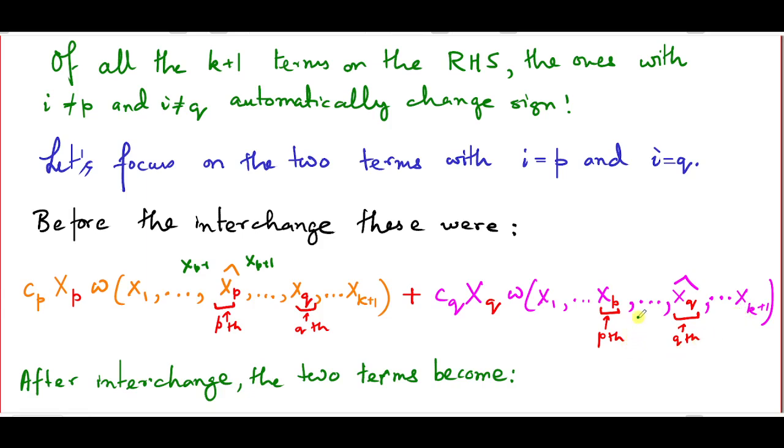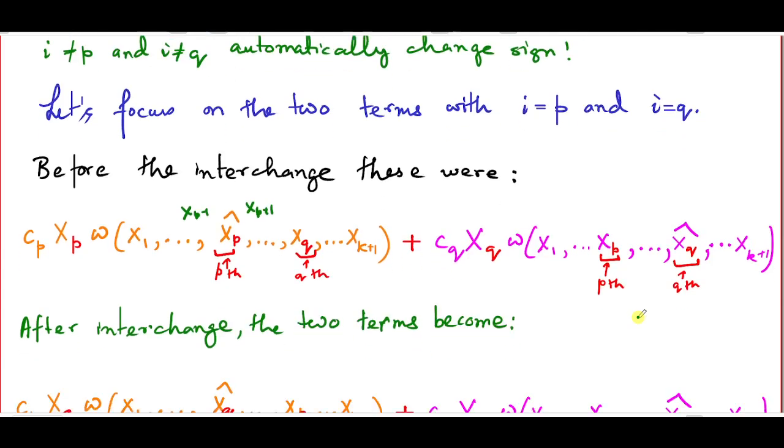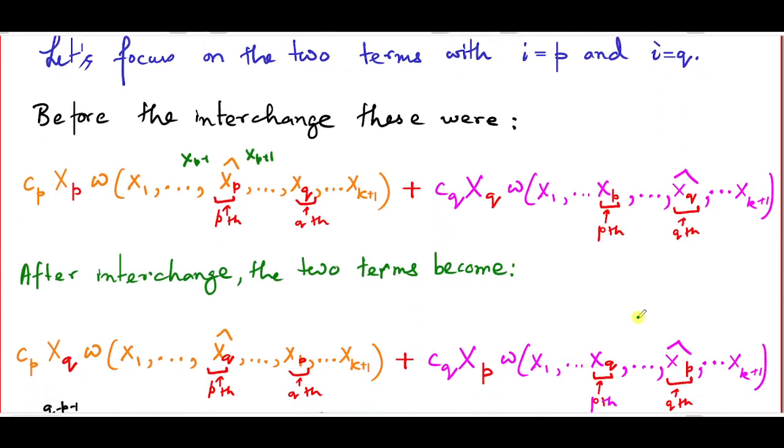After you interchange the vector fields xp and xq, these two terms take the following form. Remember, it is the vector fields which are being interchanged, not the coefficients, so the cp and cq are still exactly where they were. The xp here is replaced by xq, and of course now xq goes missing from the pth position, and xp is sitting here in what is actually the q minus 1th position.